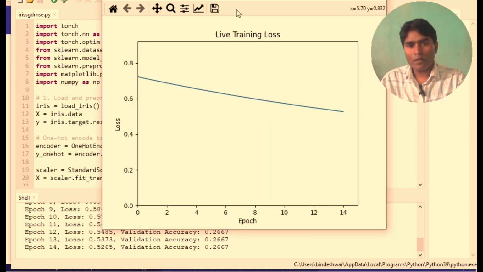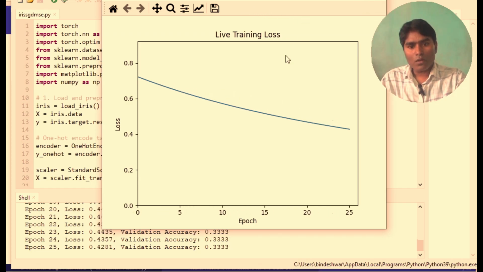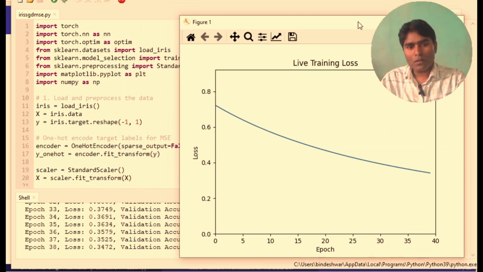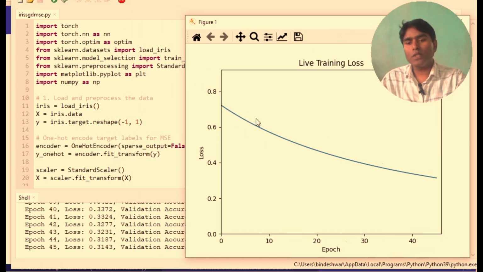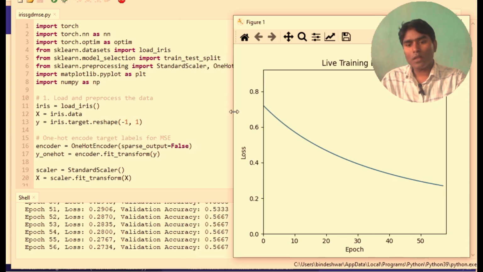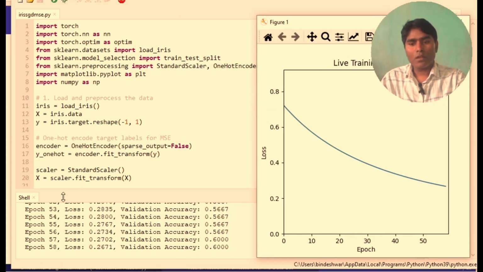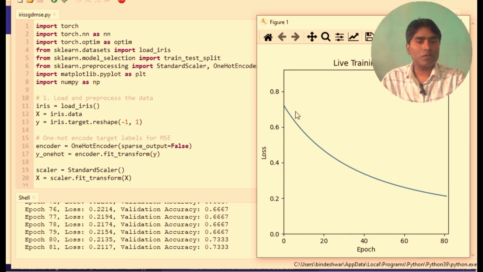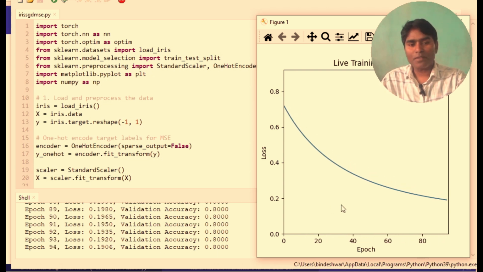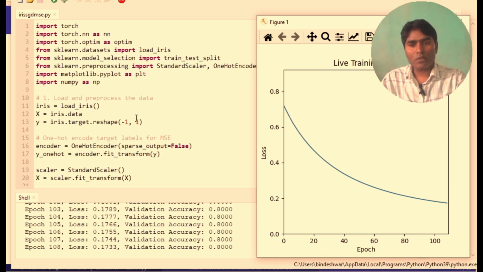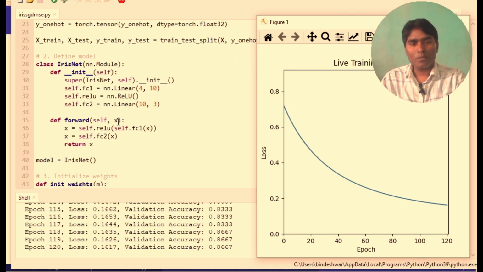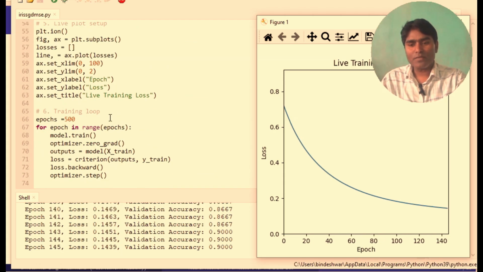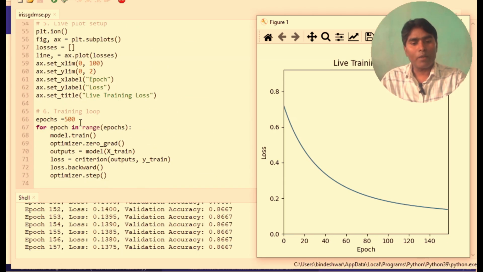Okay, you can see how loss is decreasing, and accuracy is being increased. Here you can also see the graph of the number of epochs. I have taken 500. Actually previously I took 2000, but I decreased it to 500 epochs.